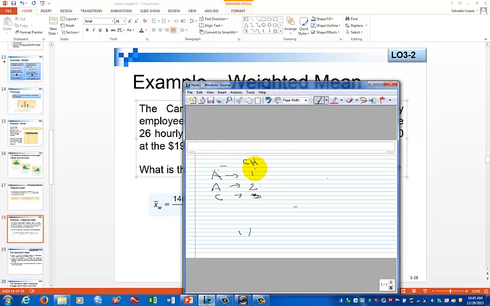Okay, and your grades are converted to GPA values between 0 and 4 actually. This is an A. Well, let me put it right beside the A. The A is a 4, the A is a 4, and the C is a 2.